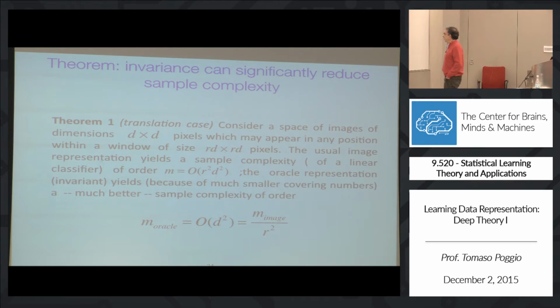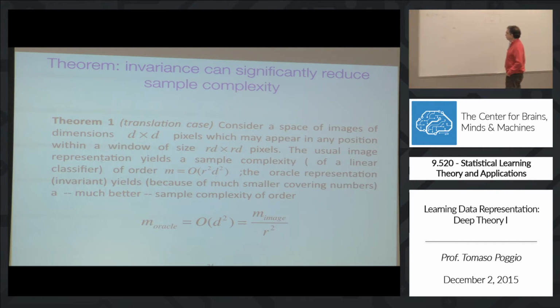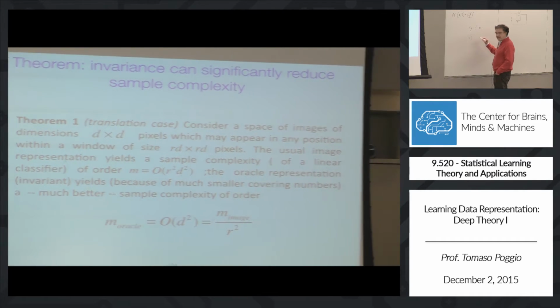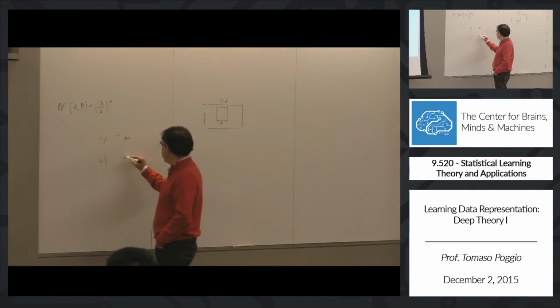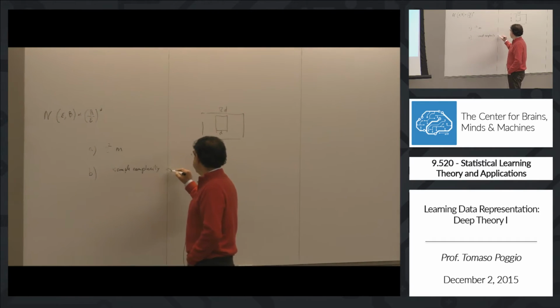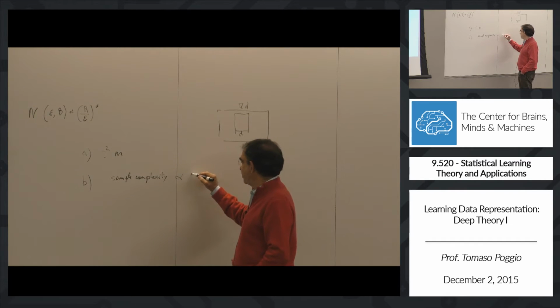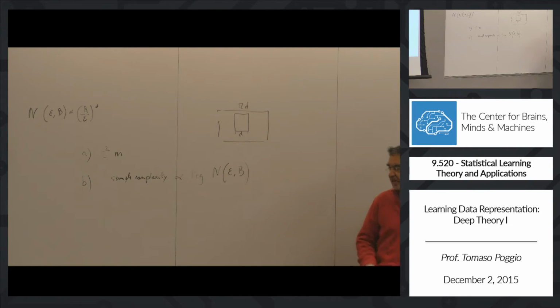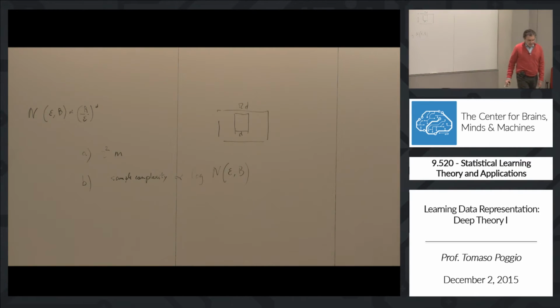Another one is to say, I know that the sample complexity of a linear classifier, the number of examples needed for a certain accuracy, is proportional to the log of the covering numbers of the space of, say, vectors that I'm considering.